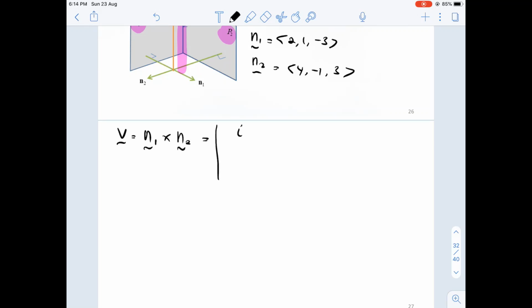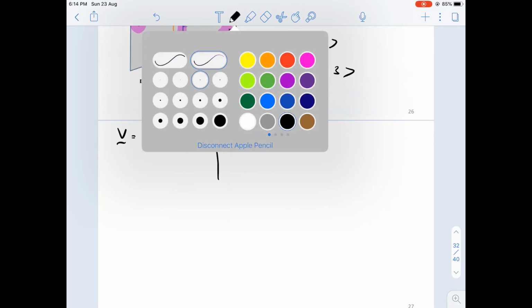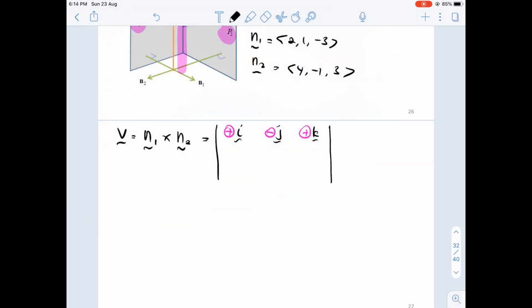So we have i, j, and k, and again we need to put plus, minus, plus alternately. The first row should be n1, so we have 2, 1, negative 3. And the second row is 4, negative 1, and 3.